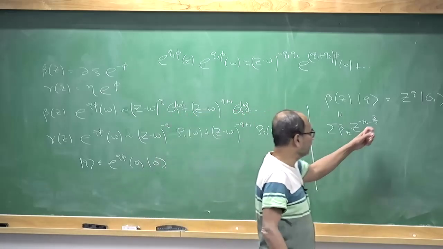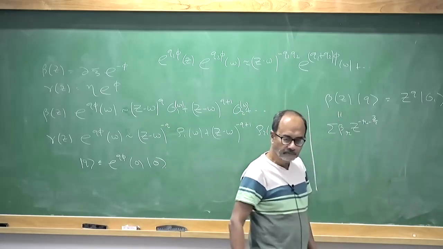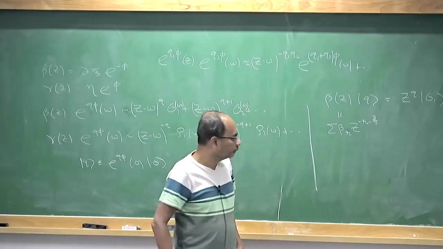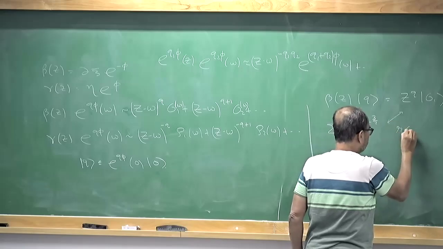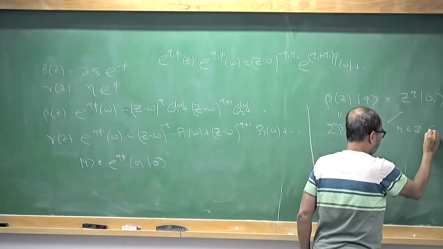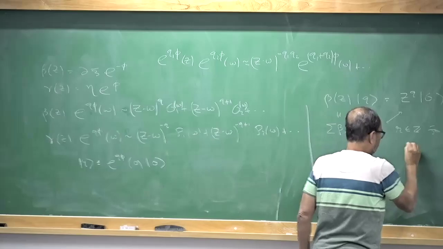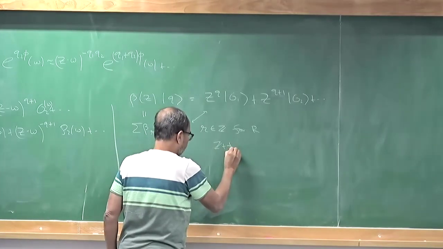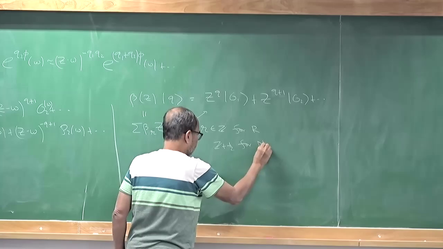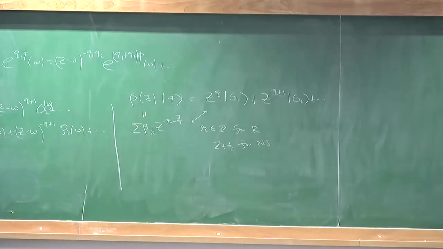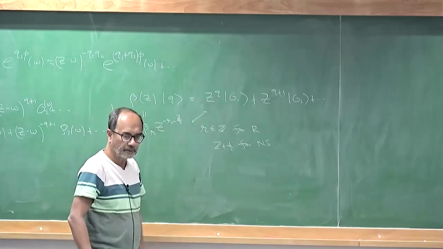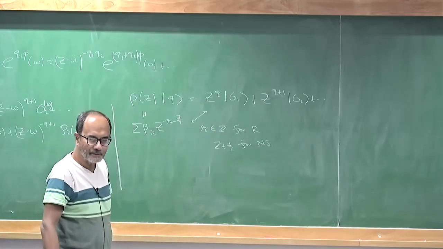So now you compare this. This tells us that r is integer for the Ramond sector and integer plus half for the NS sector. So what does it say about q? Now you can answer the question that you asked.